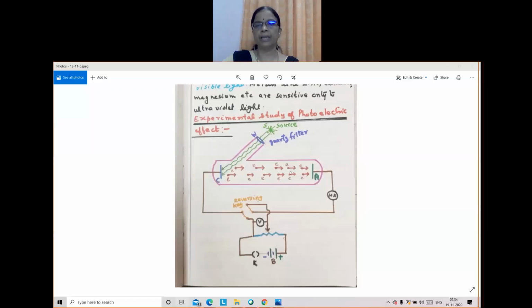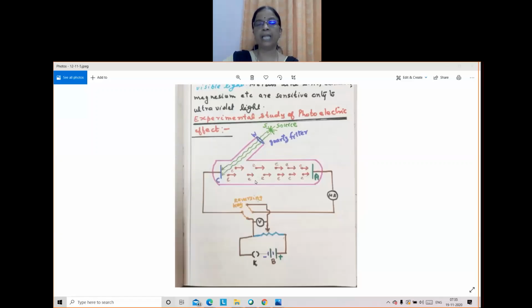മനസ്സിലായില്ലേ? And there is a minimum frequency for a given metal. There is a minimum frequency of incident radiation to eject electron from a metal surface. Beyond the threshold frequency, what happened? The kinetic energy of the electron is increased.